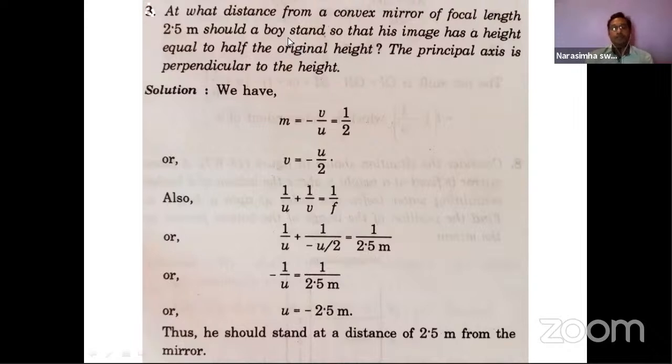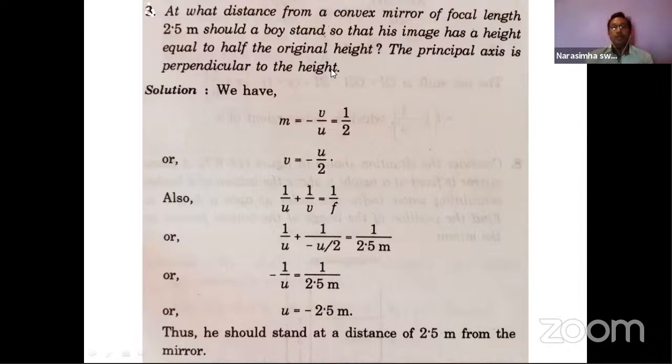The boy is standing in front of the mirror and the image should be half of the original height, with the principal axis perpendicular to the height.